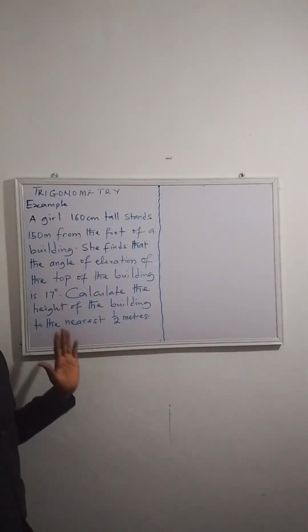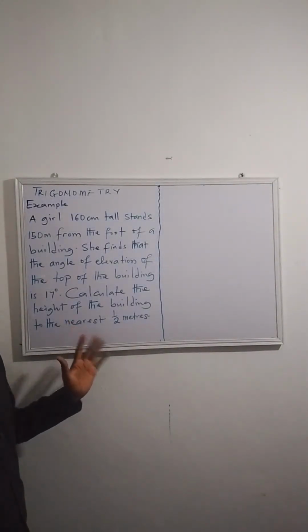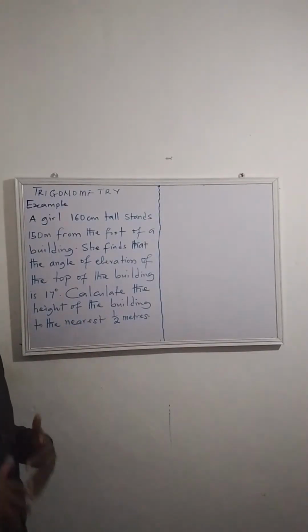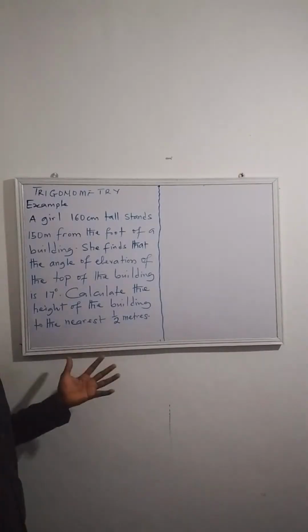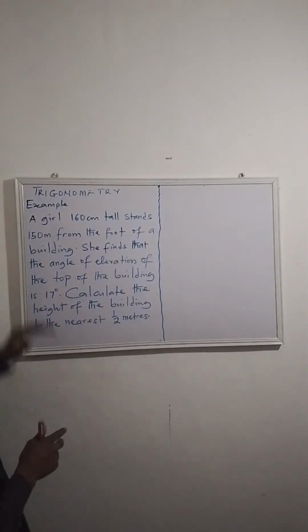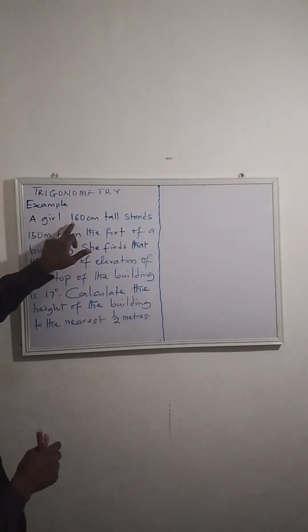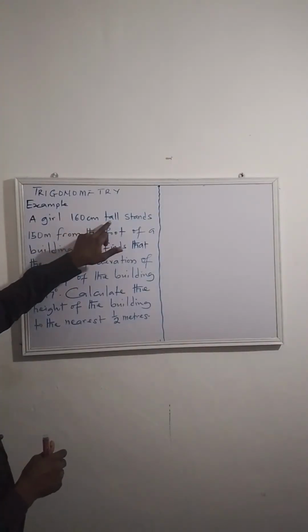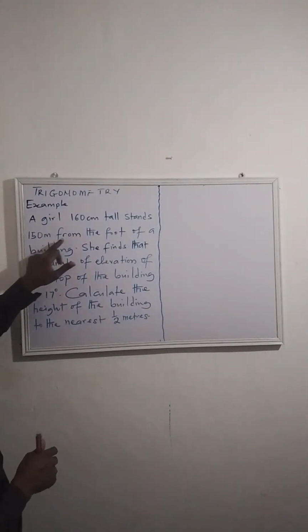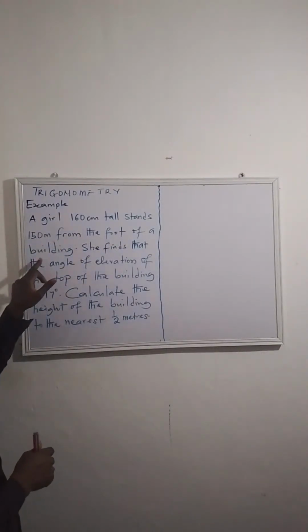I must understand the question. This is a word problem, a real life problem, so I must understand what the problem is all about so that I'll be able to find a solution to it.